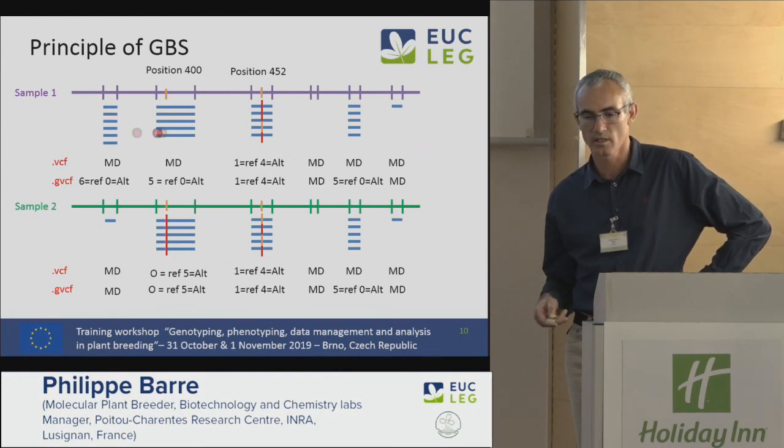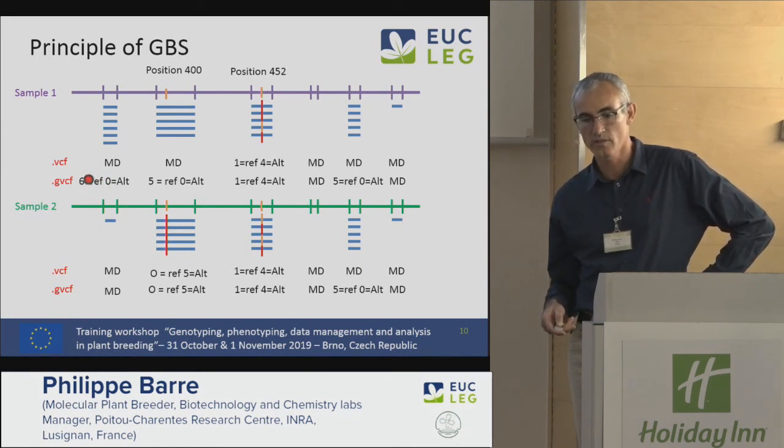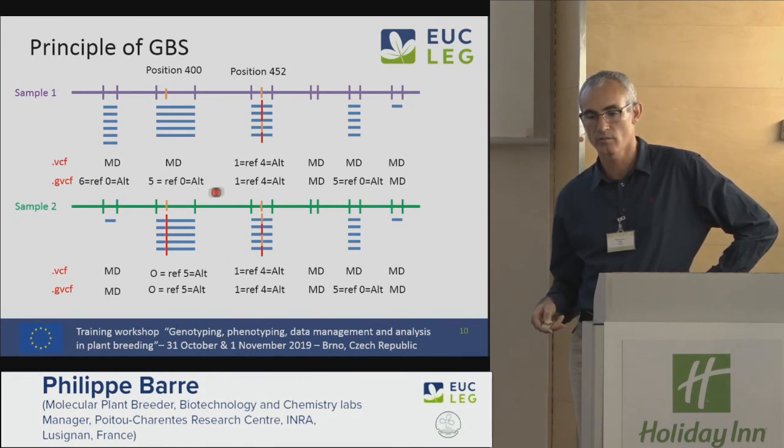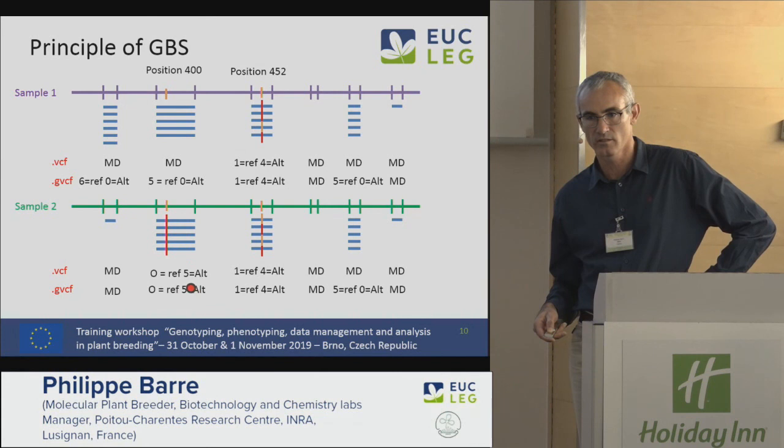Missing data, missing data. In the GVCF, if I take one position here, you will have 6 reference, 0 alternative, like 5 reference, 0 alternative. And this is important because here, look, on sample 2, it's 5 alternative.